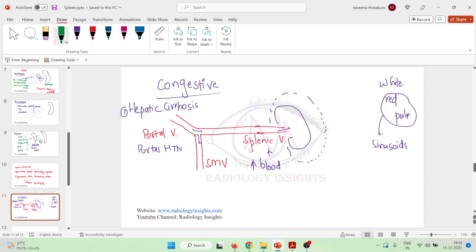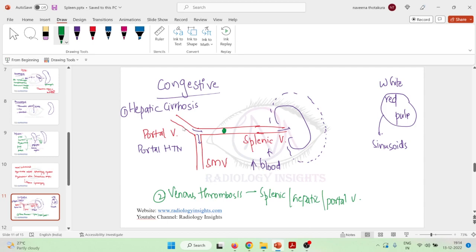Second, whenever there is thrombosis, any type of venous thrombosis, especially if the thrombi are present in the splenic, hepatic or portal veins. Why?